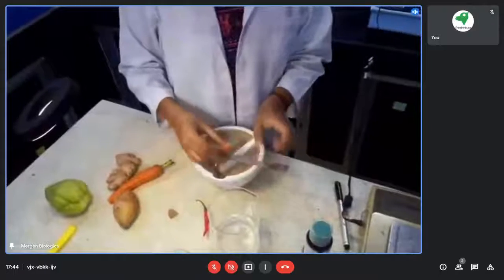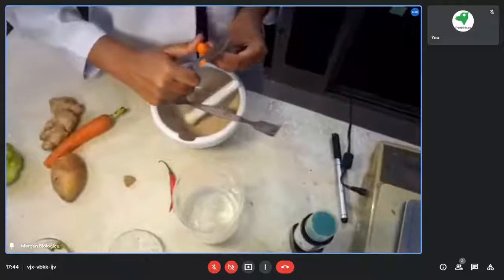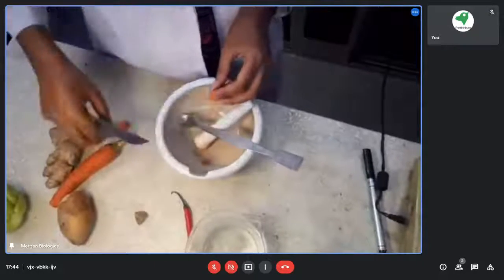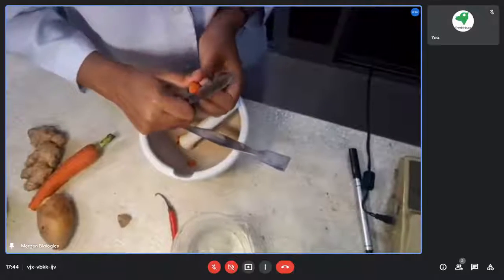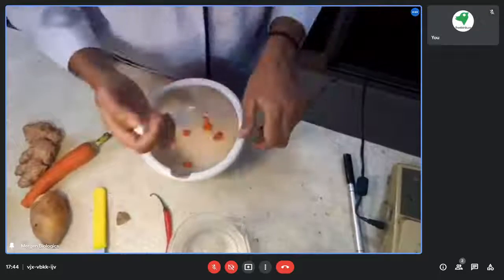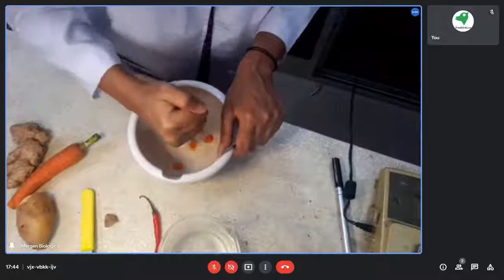As for my third sample, I have taken 2 grams of carrot and start grinding it very well.